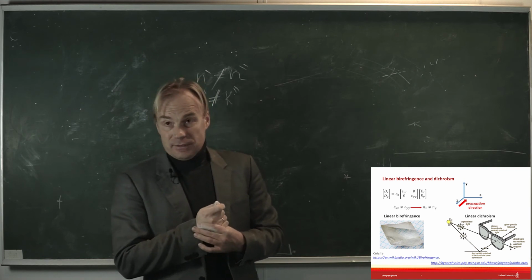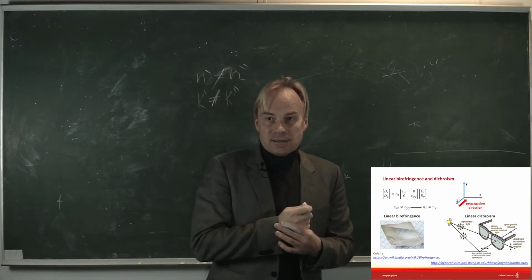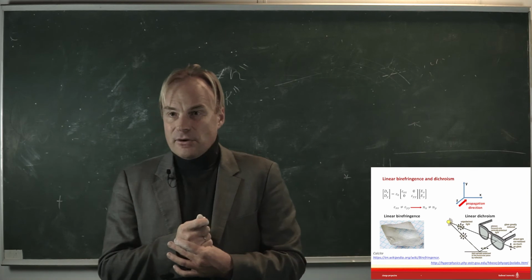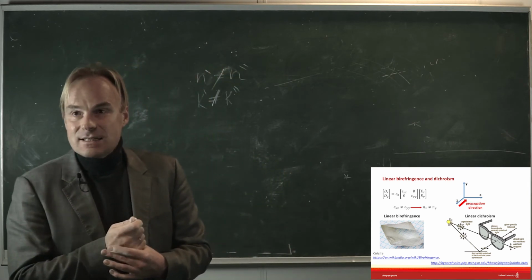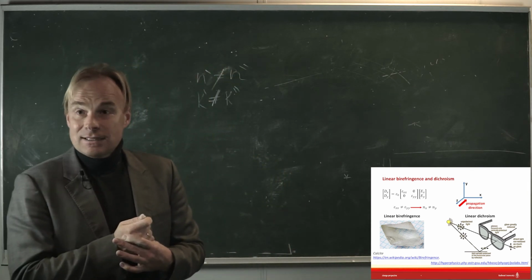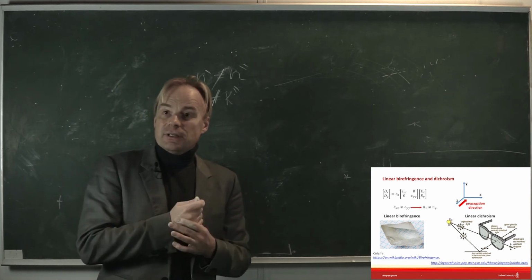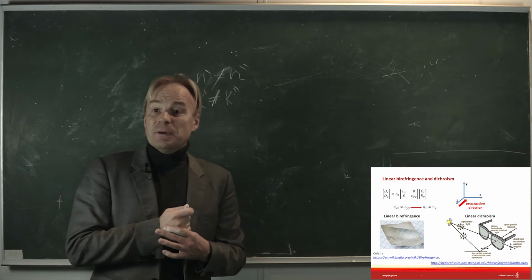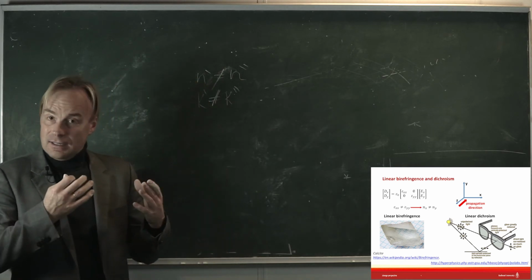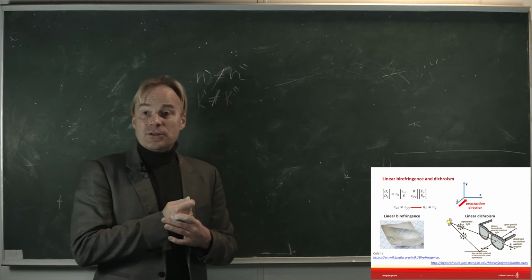linearly polarized waves. And a classical example of linear dichroism is Polaroid glasses. As you can see, the light from the sun is unpolarized, but it can get polarized by reflecting from surfaces.